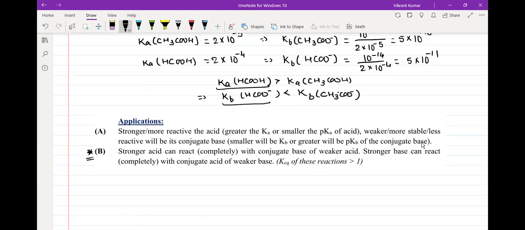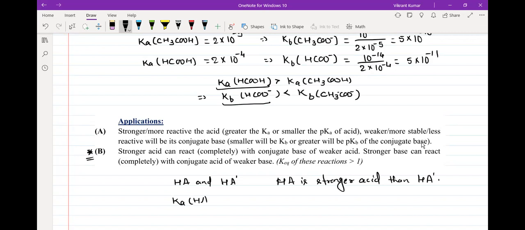What does it mean? If I take HA and HA dash, and we are saying that HA is a stronger acid than HA dash. So mathematically this means Ka of HA will be greater than Ka of HA dash.